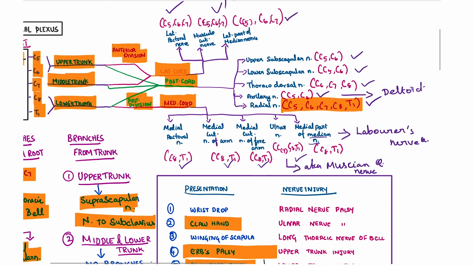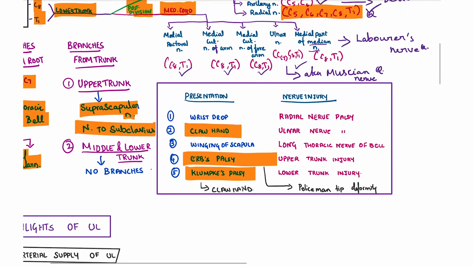Another important MCQ, people: the radial nerve has a root value of C5 to T1, while radial nerve injury causes wrist drop. We already discussed that long thoracic nerve injury causes winging of the scapula. The long thoracic nerve supplies your serratus anterior muscle.